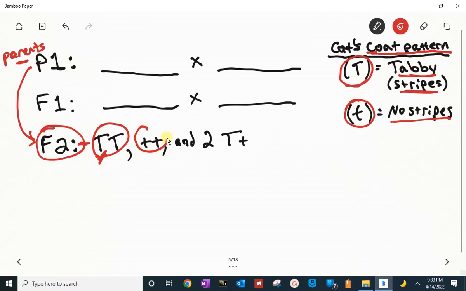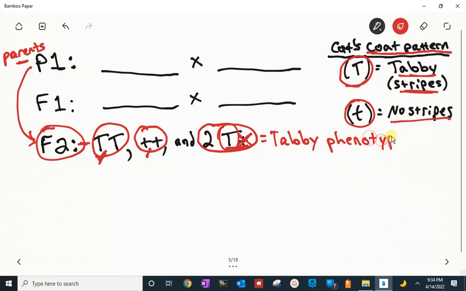One child turned out with a homozygous recessive no stripes. And two of the kittens turned out with heterozygous, and this would also be tabby because the tabby is the dominant one, and so it cancels out the recessive one when it gets to the phenotype. So the kittens are going to have a tabby phenotype.